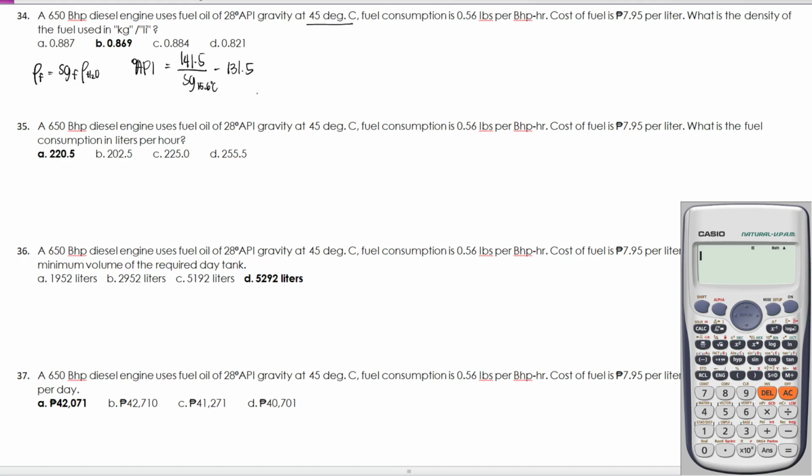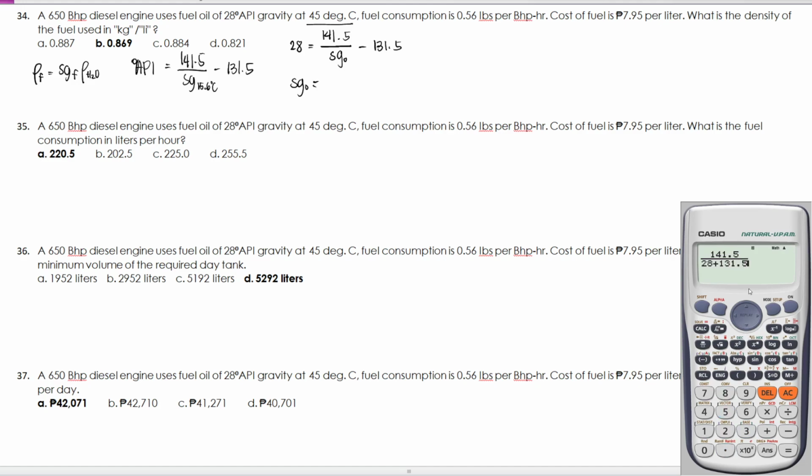So, first, kuhanin natin yung SG at standard temperature. So, we have degree API of 28 equal nga yan sa 141.5 over SG on standard temperature minus 131.5. So, SG on standard temperature of diesel fuel. So, compute natin. 141.5 divided by 28 plus 131.5.